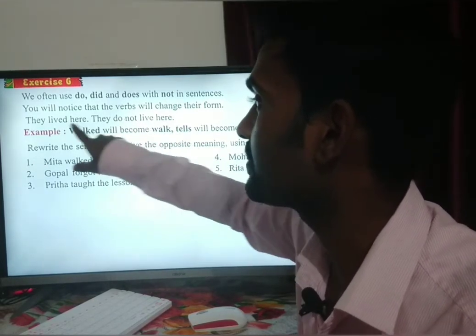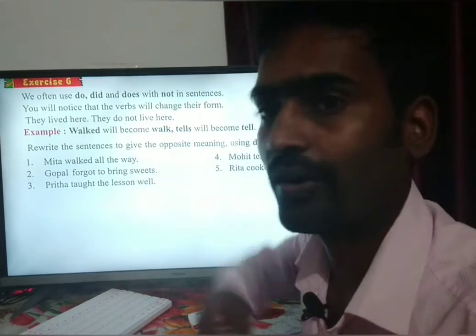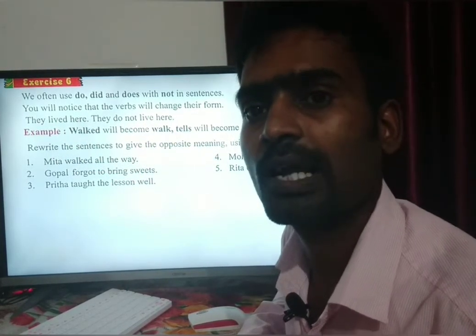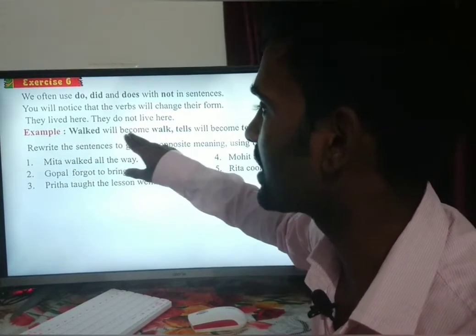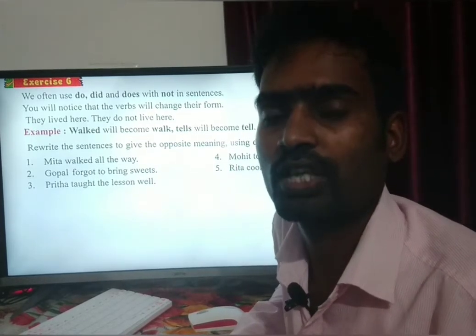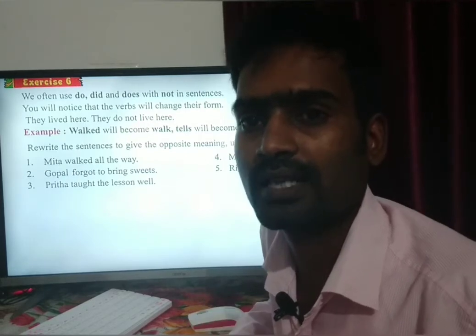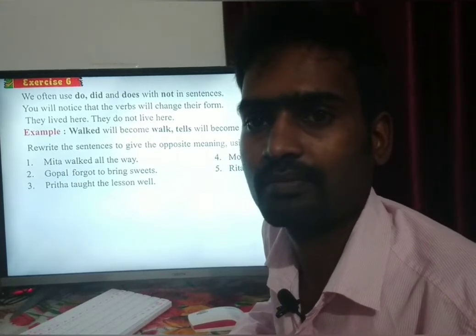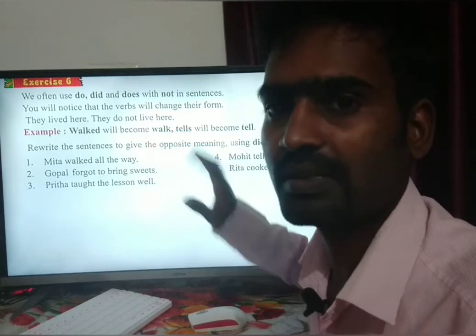So see the verb, the form changes from past form into present form. Okay then. So let's see the example. Walked will become walk. Tells will become tell. When we use negative sentence, it will change their form, right? So let's see the exercises. Some examples we have, 5 examples here we have.